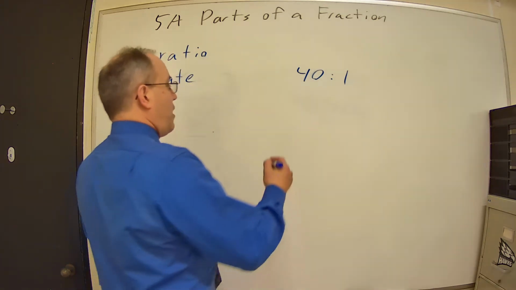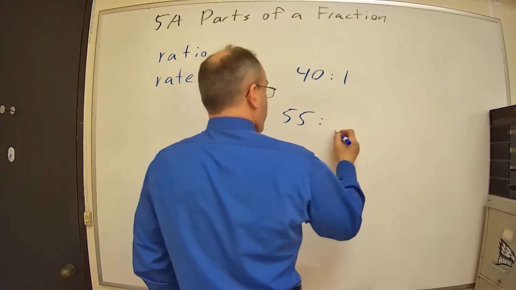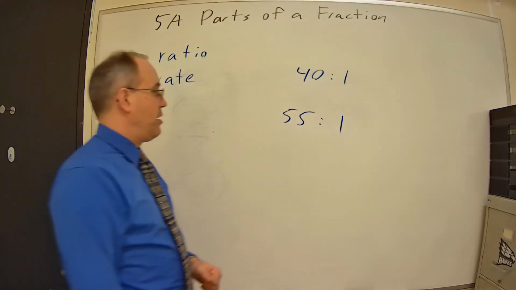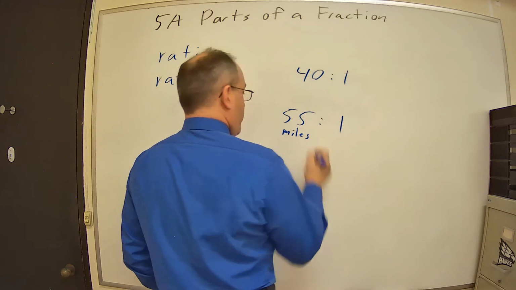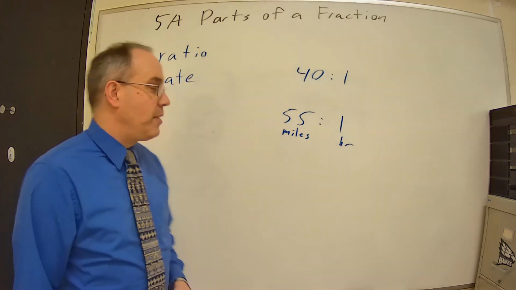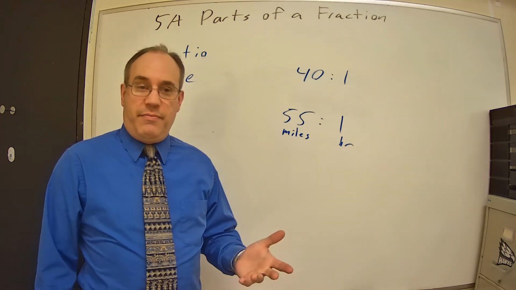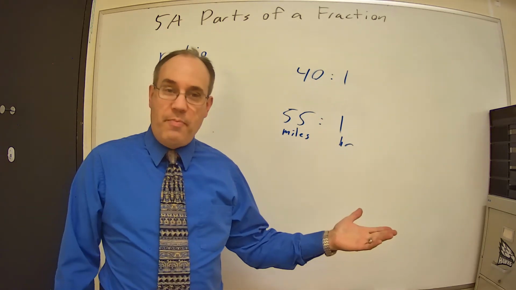Whereas if I talk about the ratio 55 to 1, I could say that's 55 miles to 1 hour. That's a rate. That's your rate of speed, right? How many miles you cover in 1 hour.